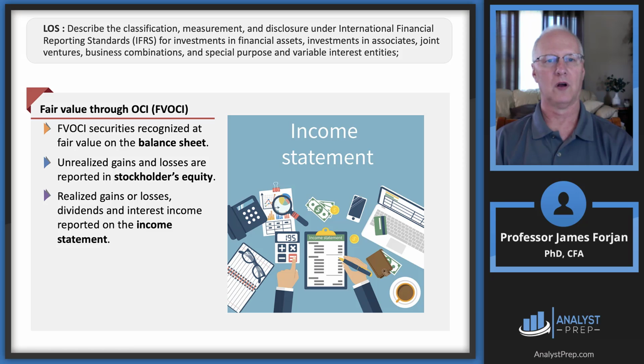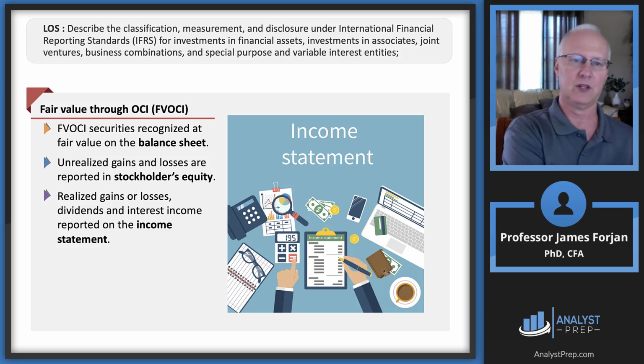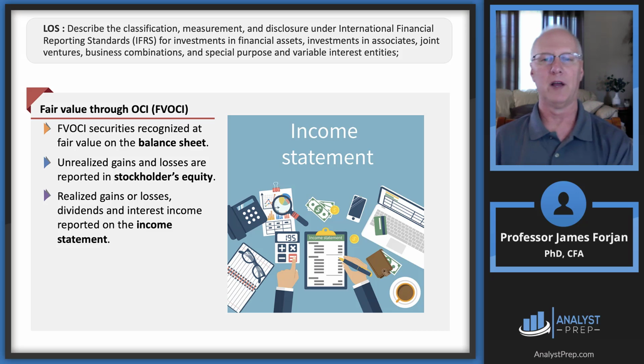So let's go ahead and talk about fair value through other comprehensive income. So the securities are recognized at fair value. That makes perfect sense. When I was back in the old days, back in my undergraduate accounting, I kept hearing this term fair value, and I always thought to myself, what might be fair to this group over here might be unfair to this group over here, but fair value is just some reflection of market value.